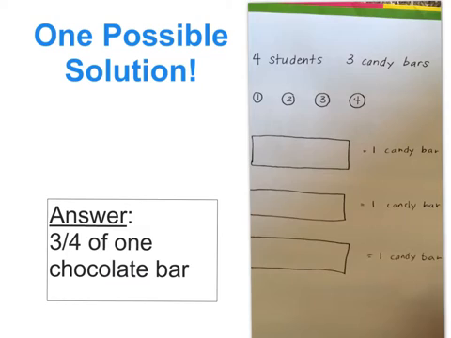After labeling each student's pieces, I am going to count up the total amount of pieces each student will receive. Each student will receive 3 pieces, each the size of 1/4, or 3/4 of 1 whole candy bar. Did you get the same answer?